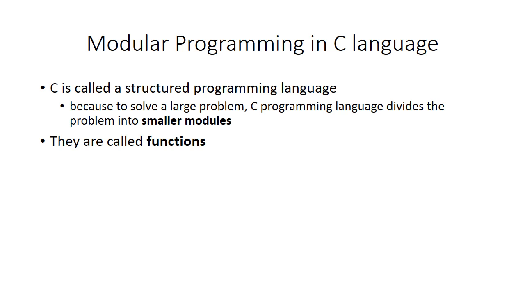Main is actually one example of a function. Printf is a function, and scanf is another function. All these are predefined functions because they are defined by the people who introduced C, not by programmers like us. They already exist inside the C programming language.